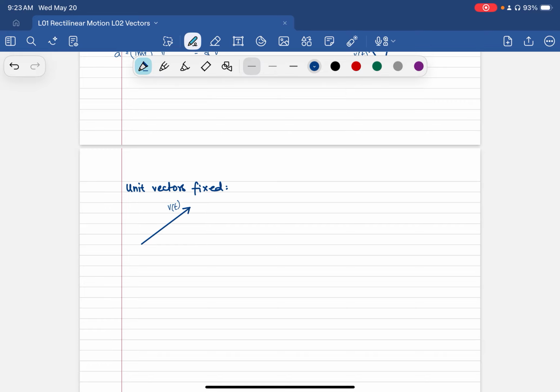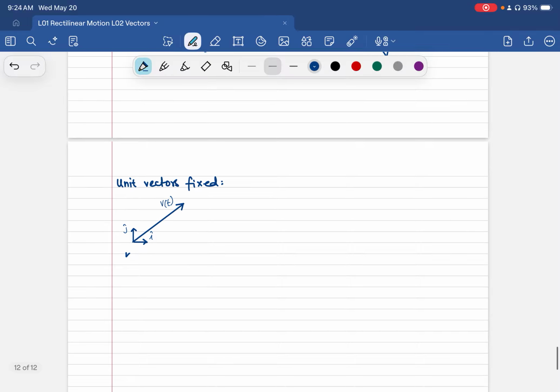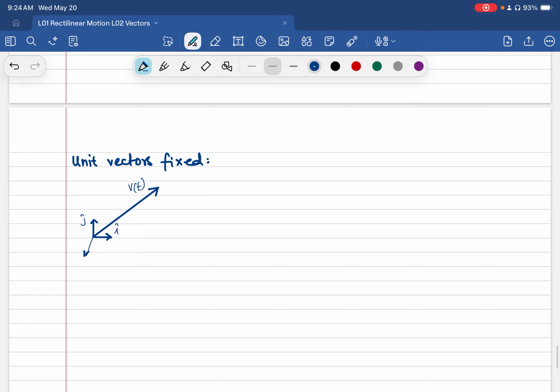So I'm just going to define some unit vectors first. Let's say this is i hat, this is j hat. In what direction would k hat be? It would be outwards. So this here is i hat, j hat, and I have k hat coming outwards.